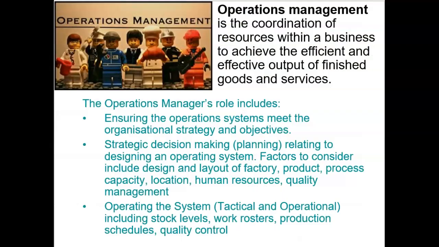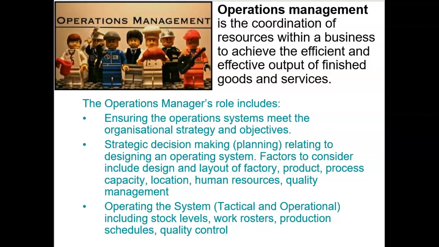To better understand operations management, we look at what the operations manager's role is and what it includes. He ensures the operations system meets the organisational strategies and objectives. He's involved in strategic decision making, as in planning, which may relate to designing an operating system from the ground up if they set up a new factory.